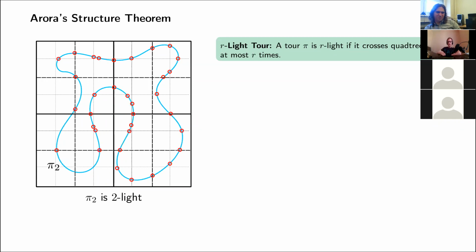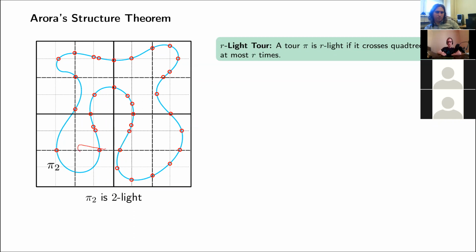But if it crosses every edge of the dissection at most r times, then it's r light. For example, this tour is 2 light because every edge of the dissection is crossed at most twice.